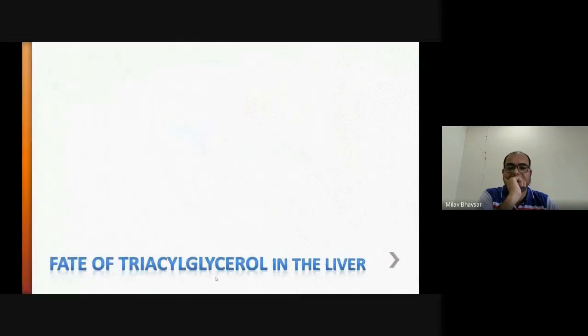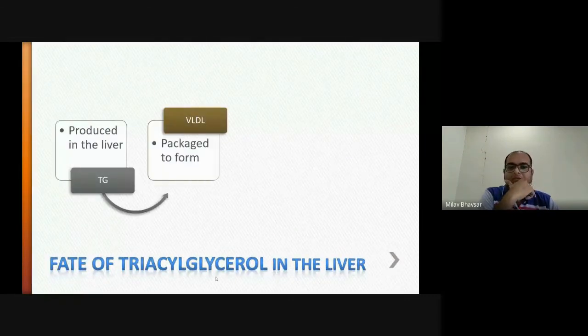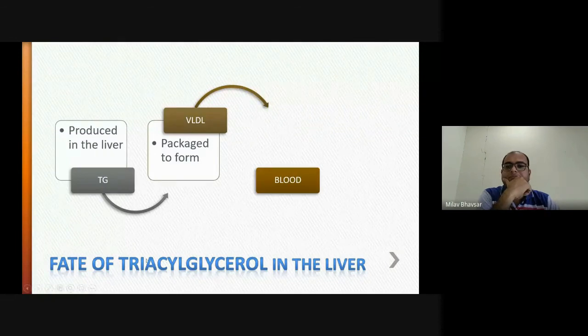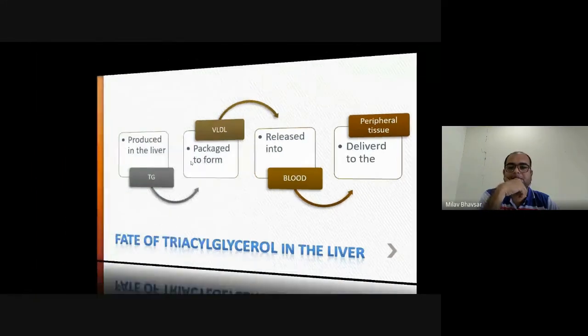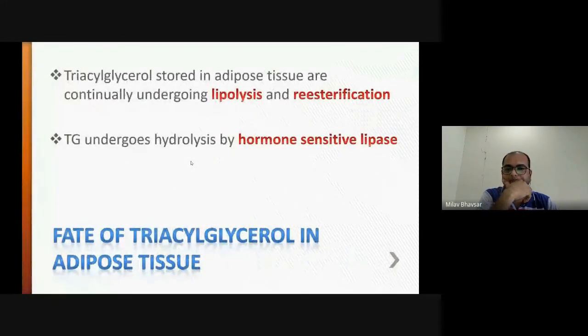So now what happens to the triacylglycerol in the liver? VLDL, that is the packaged form, is released into the blood, and then it is delivered to the peripheral tissue.